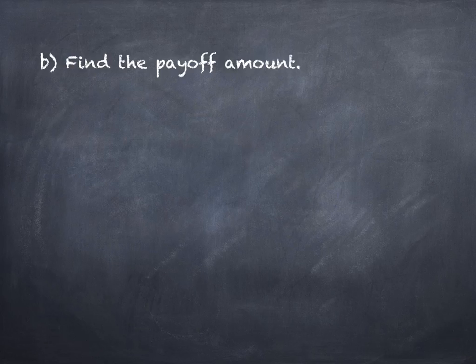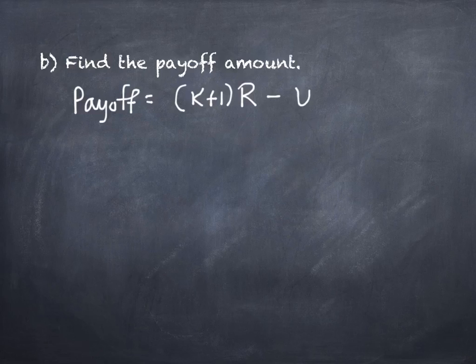All right, let's do the payoff. The payoff formula is the exact same. It did not change depending on this method. We still find the payoff the same way. We find our payoff by taking K plus 1 times that regular monthly payment R and subtracting my unearned interest. Okay, so K plus 1 was 12 plus 1, or 13.